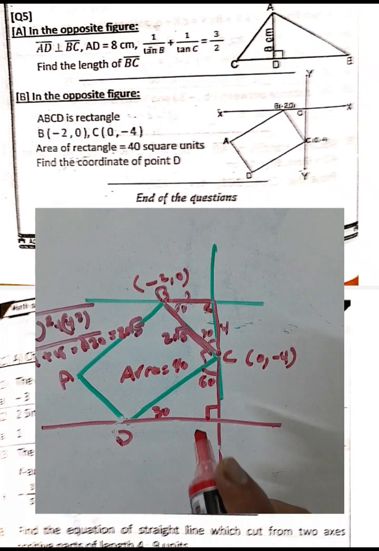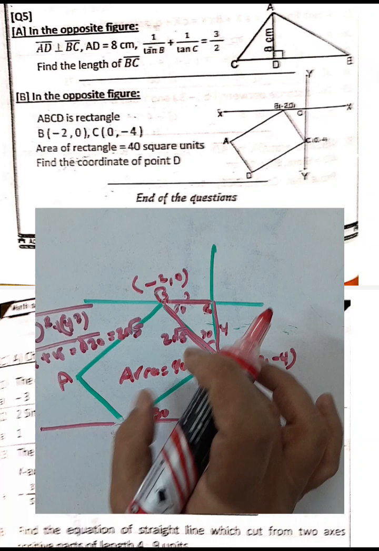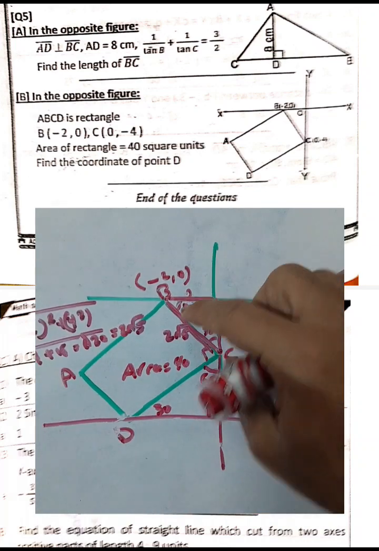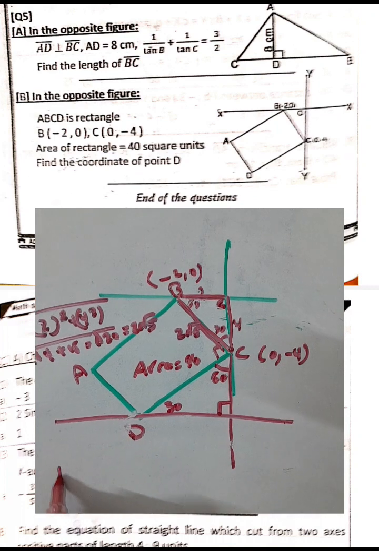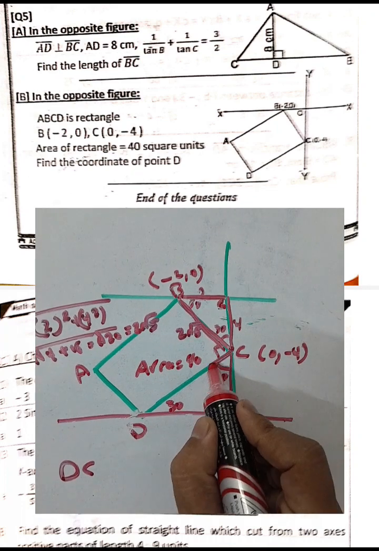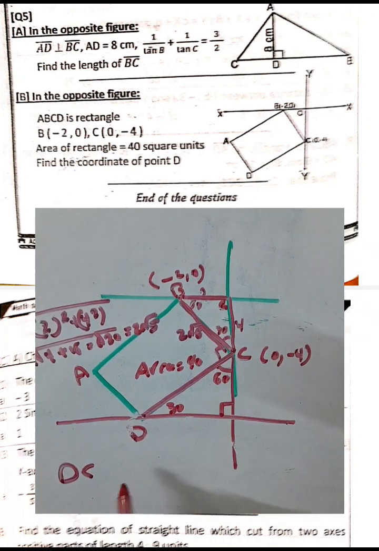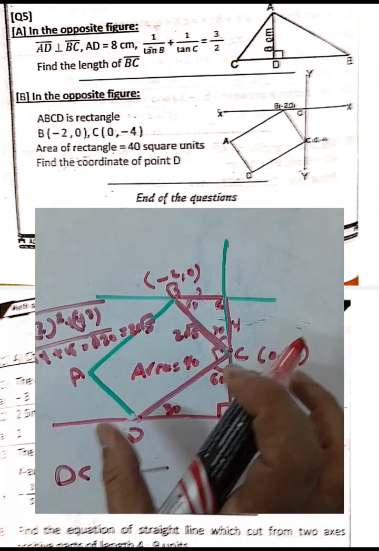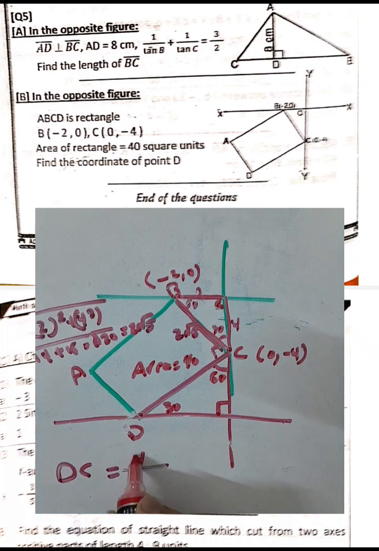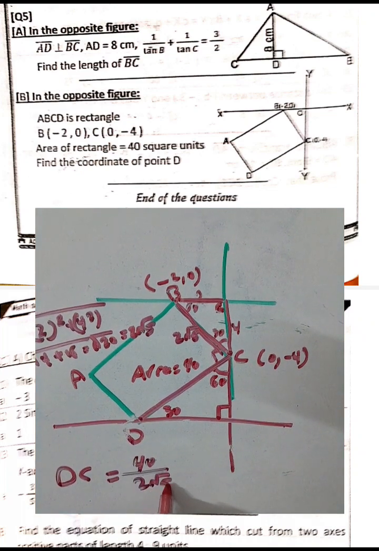Understood? Okay, he gives us 40, and I found the length of BC equals 2 root 5. Then you can find the length of DC, this side length. How? We call this the length, and the length equals area divided by width, right? 40 divided by 2 root 5.